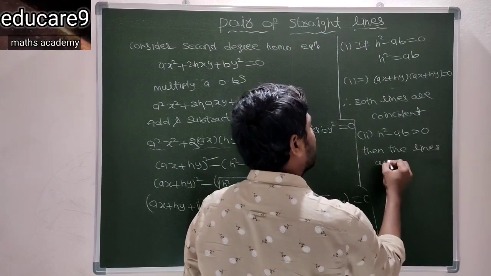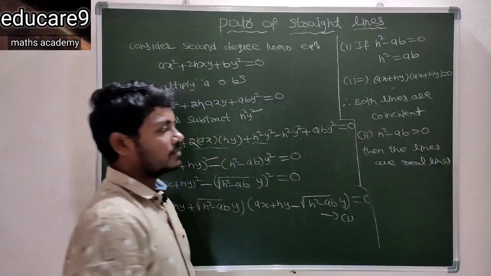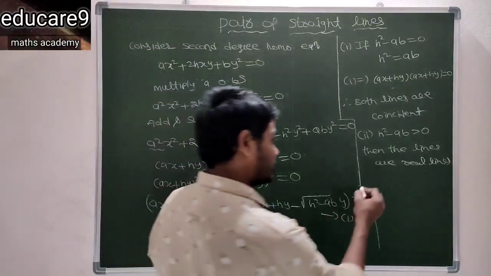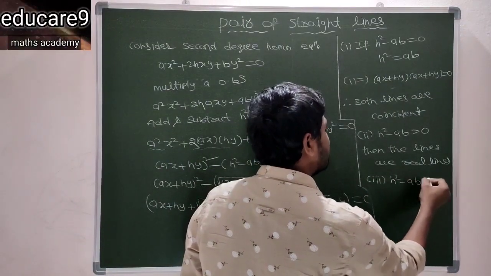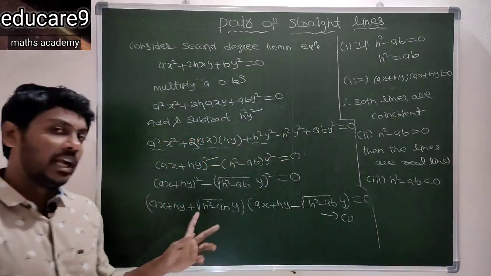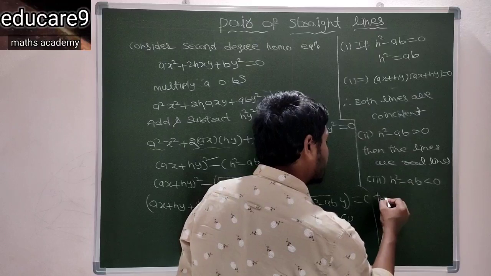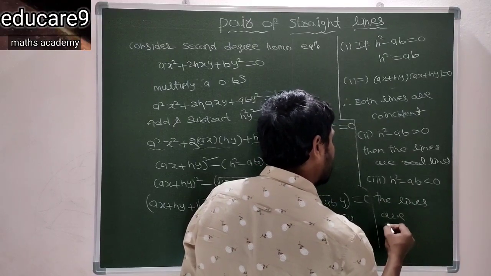Next, h square minus ab is less than 0. h square minus ab is negative. So the root of a negative number is not possible. In this case, the lines are imaginary.